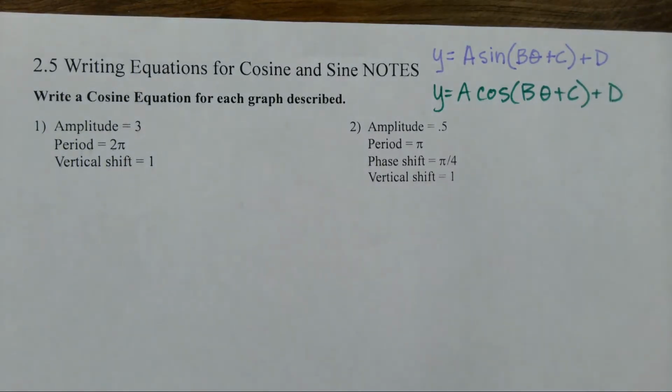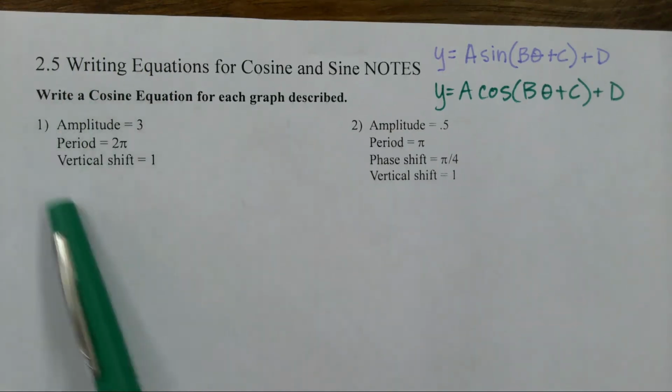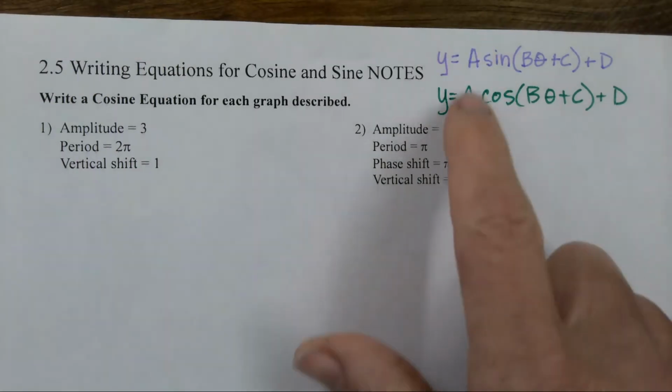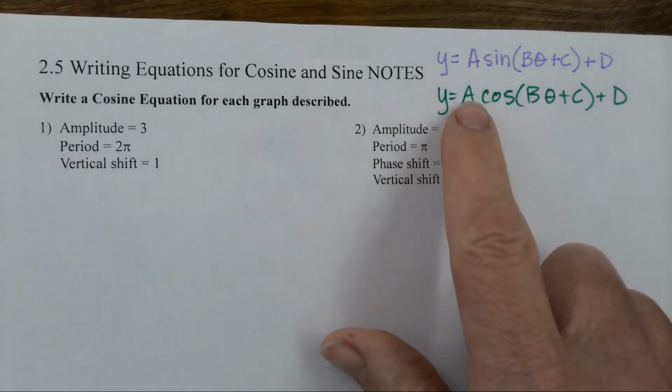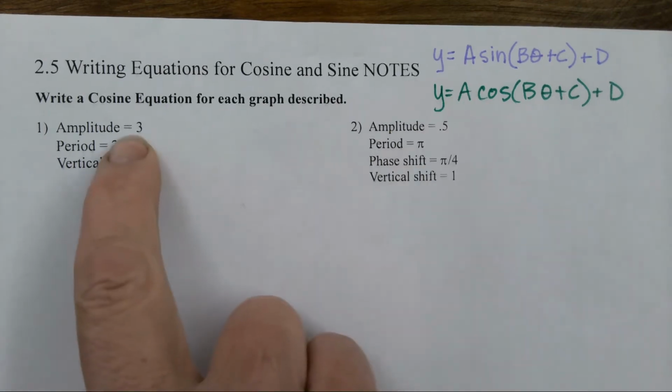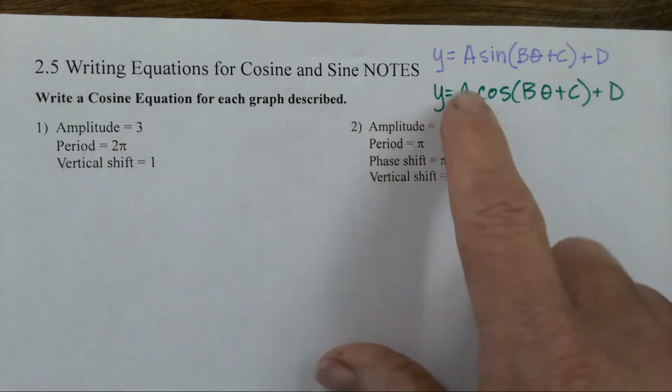So what we want to do is take this information and put it all together. What does the a part of it give us? The amplitude. And the amplitude part is pretty straightforward, right? The amplitude is the absolute value of a.